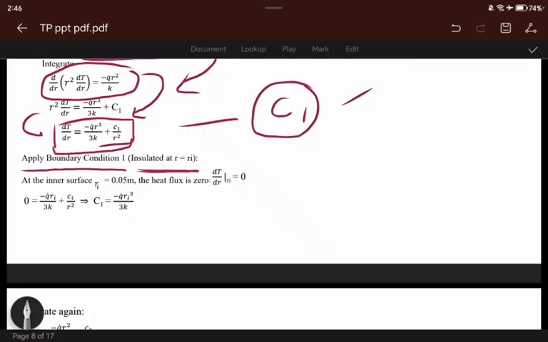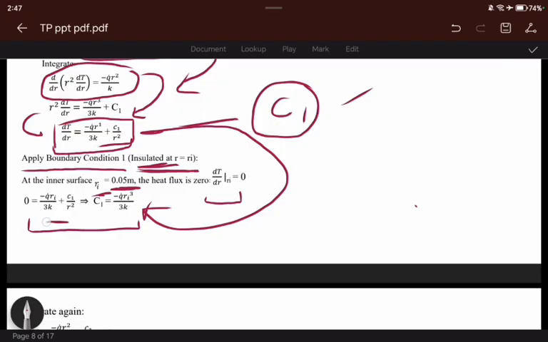Means the inner surface of this sphere is insulated, at the inner surface ri, that is 0.05 meter, the heat flux is 0 because there is no heat through the surface, because that is an insulated surface. So dt by dr at ri equal to 0. So our equation will become like that. So q ri by 3k plus c1 by r square. We simplify this equation, we will get our c1 constant equal to minus q ri cube by 3k.